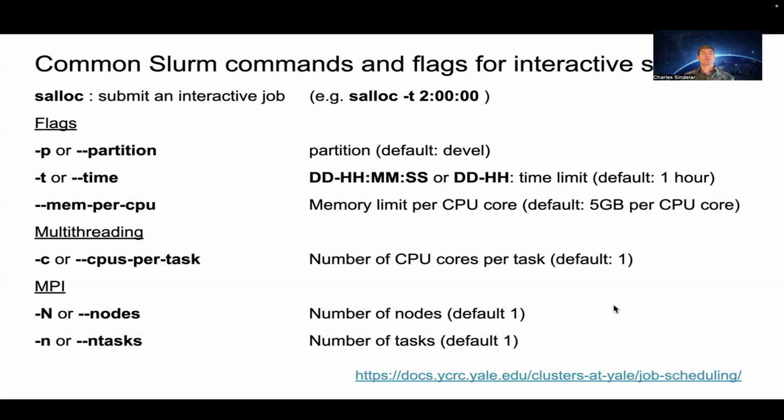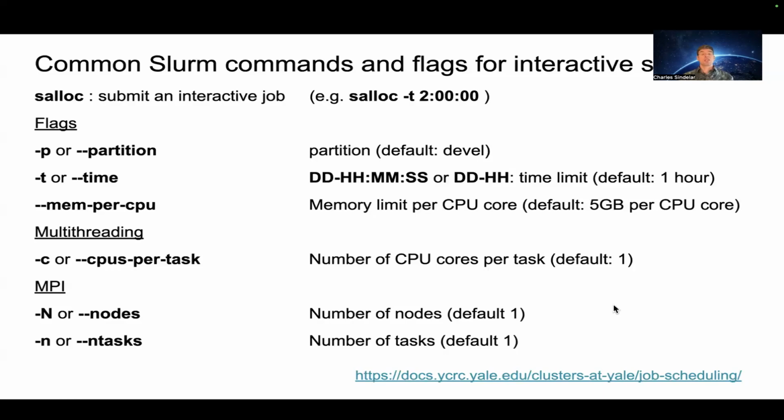You can also request the amount of memory per CPU for your job. And this is a maximum again, so that if your job requires more memory than what you allocated in your resource request, then your job will fail.